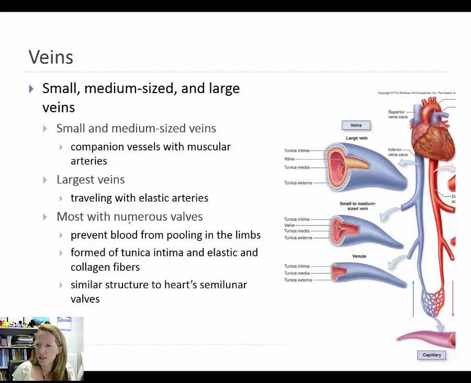So again, most of these are going to have valves, especially, as I talked about, in the inferior portion of the body, and they're very similar to the structure of the semilunar valves and how they're shaped. It's formed from the tunica intima and some elastic and collagen fibers. They're basically preventing backflow, just like the valves in your heart did, right?